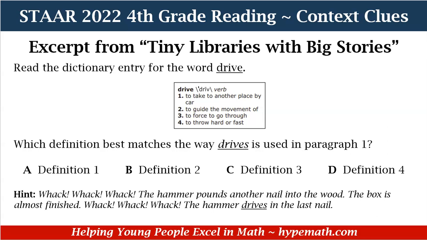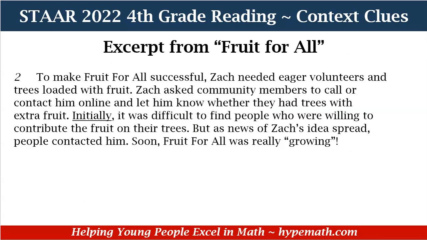And what is that doing? Whenever, like, for instance, you see someone hammering in a nail into a board, they're forcing the nail to go through. That's why they're whacking the nail, okay? So our correct answer choice is C, definition 3. Good job. Let's move to our next passage.